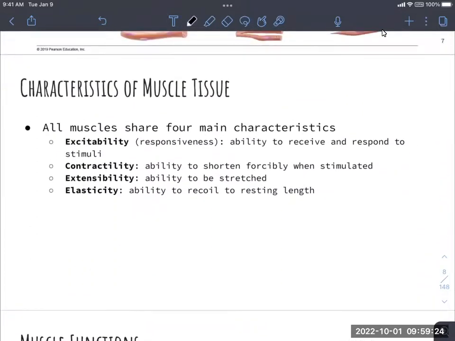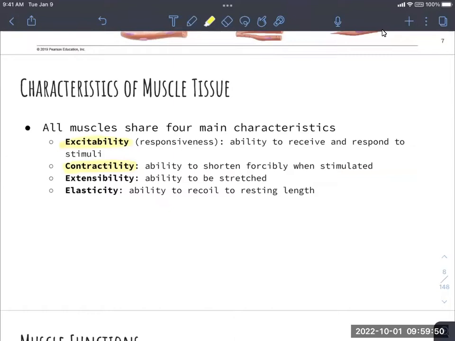So all types of muscle, skeletal, cardiac, and smooth muscle, have these characteristics. Of course, they're excitable. They have that excitability. They respond to some kind of stimulus. We're going to learn how that happens. Contractility. All types of muscle can contract.